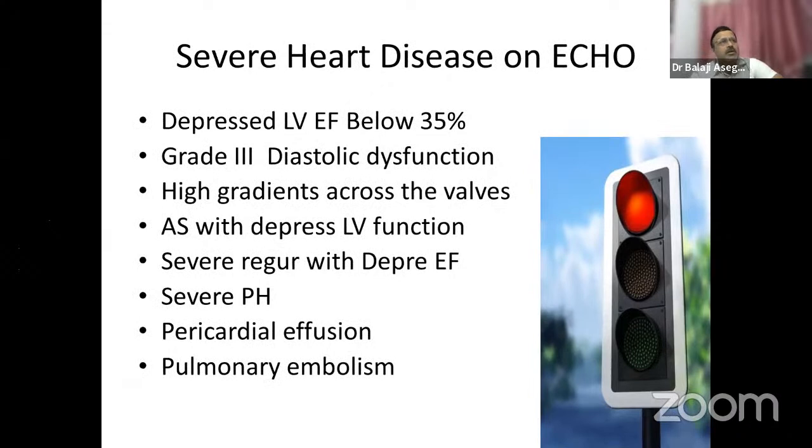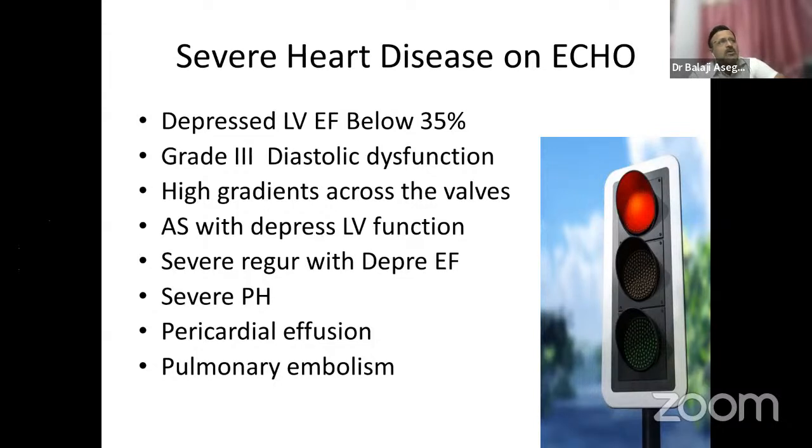Now on echocardiography, just on echocardiography, how can we say that these are severe heart diseases? Any ejection fraction below 35% or 40%, usually the patient can have a severe kind of heart disease.